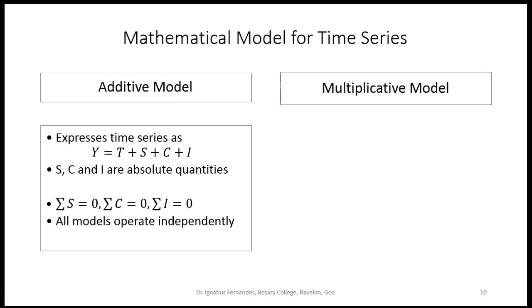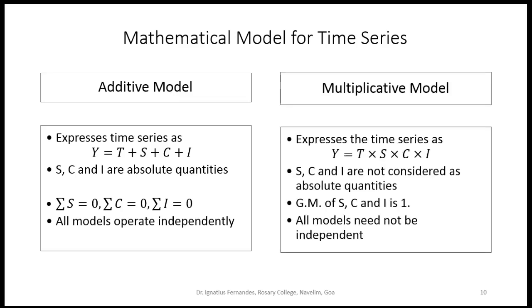The other way is to express it as a multiplicative model, wherein the time series y is expressed as the product of all these four variations: the secular trend, the seasonal trend, the cyclical trend, and the random trend. Here the seasonal, cyclical, and random variations are not considered to be absolute quantities.